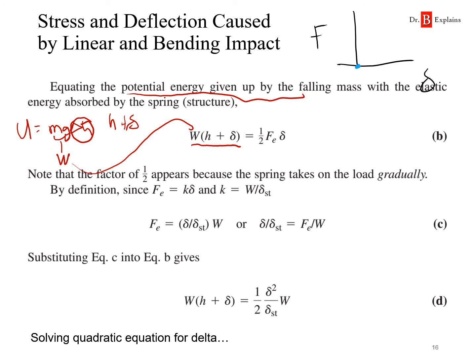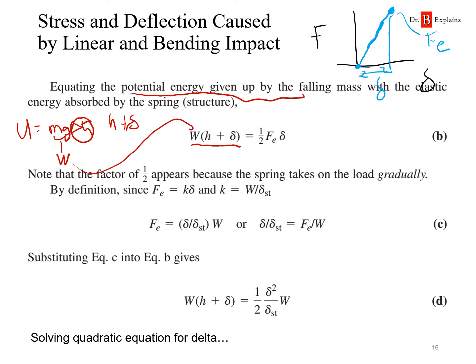And then because the spring is linear, as the mass is being driven into the spring, the force is increasing up to a maximum value, right? And this maximum value is this equivalent force. How much did the spring deform? Well, it's this value delta.